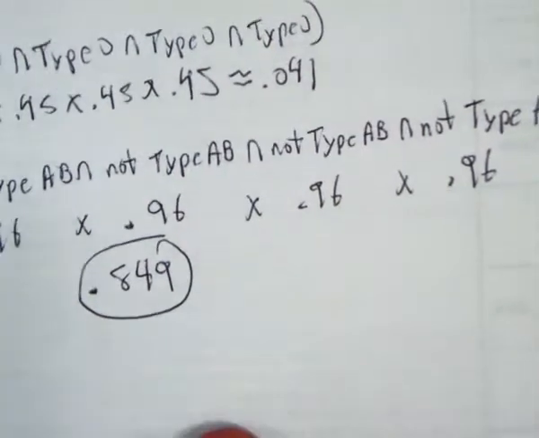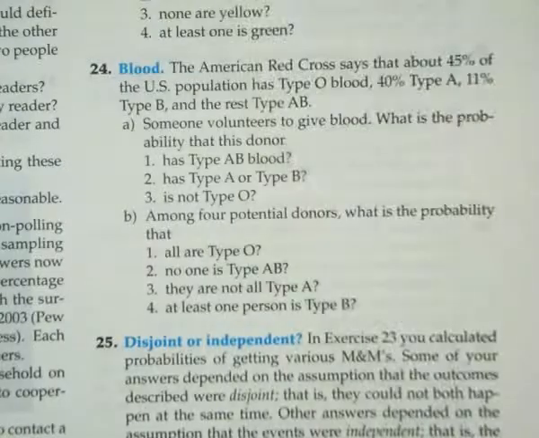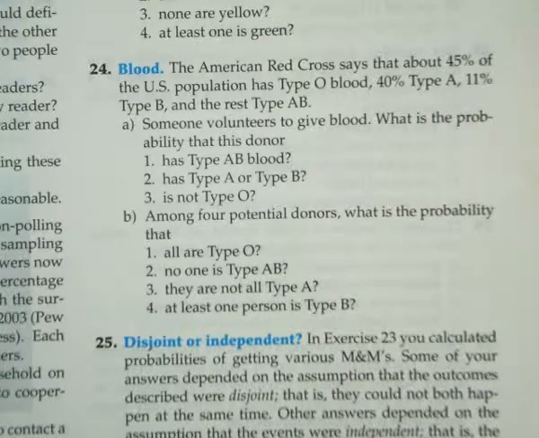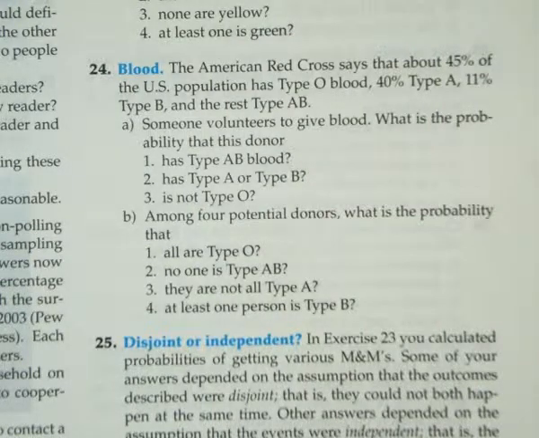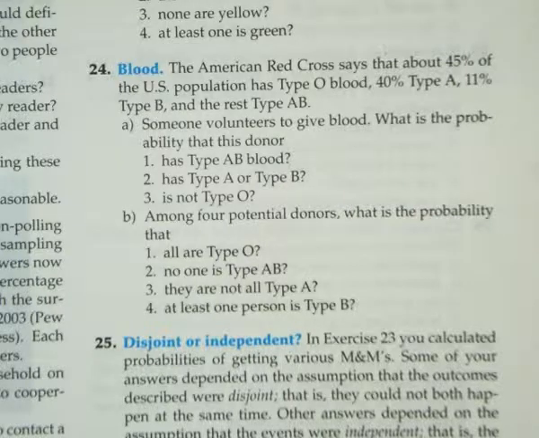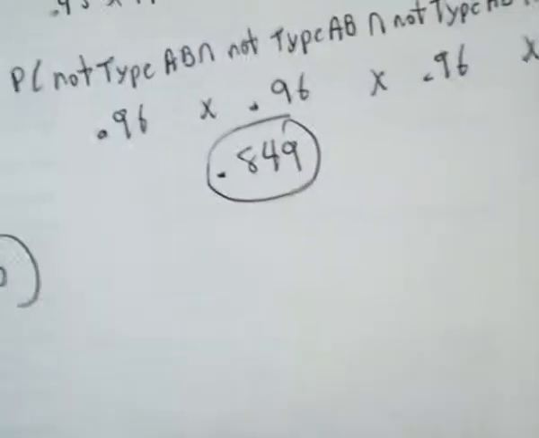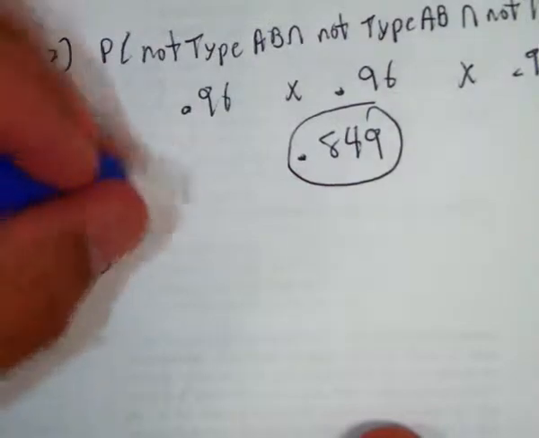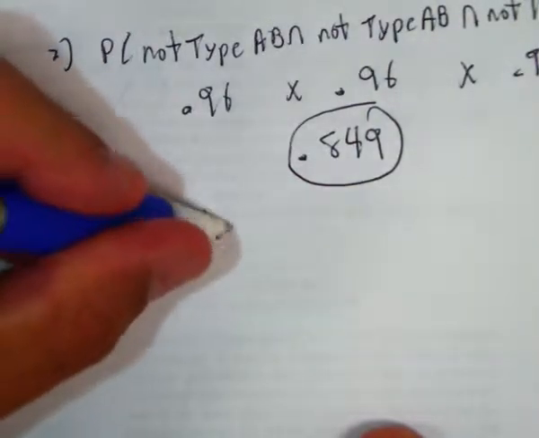Okay, and then 3. They are not all type A. That means at least one is not type A, so question 3 is really an at least one problem.